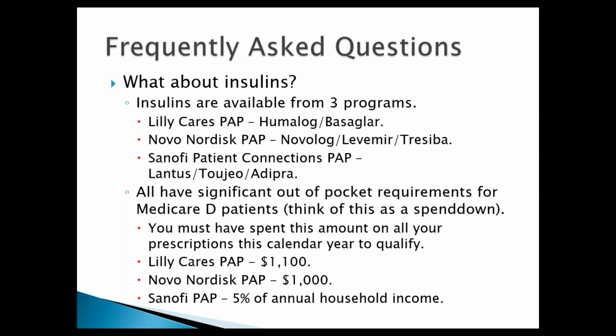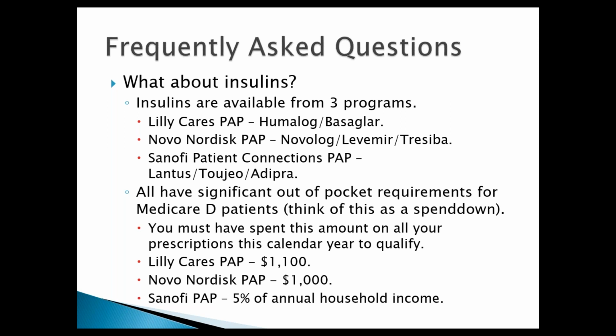And so now all of these programs will help people who have Medicare. However, there's a big however. For Medicare D patients, they all have pretty significant out-of-pocket requirements. And you can kind of think of these as like a spend down, is that you have to have spent so much money out of pocket on all of your other prescriptions this calendar year before you're eligible.